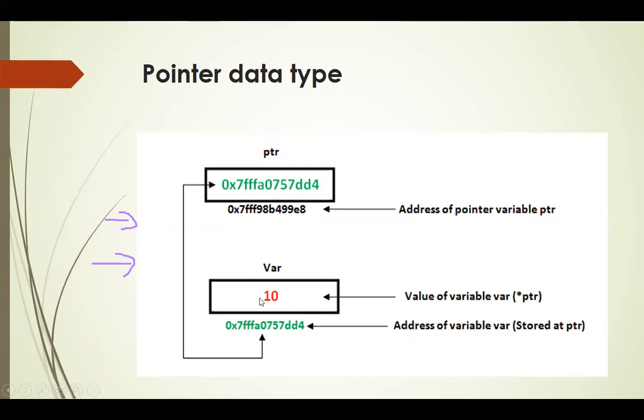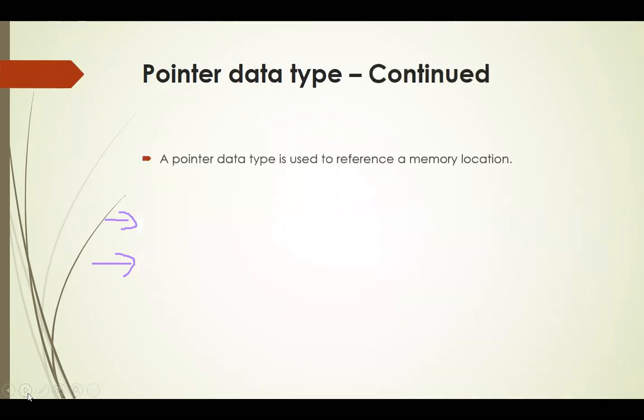If we access the value by mentioning the name of the variable, we are referencing the variable. If we are using the variable name to get the value, we are referencing the variable. And if we are using the pointer value to get our value, we are dereferencing the variable.